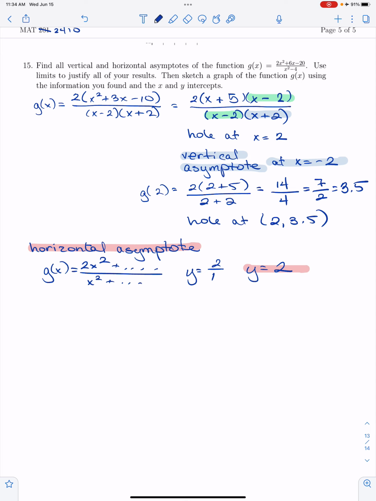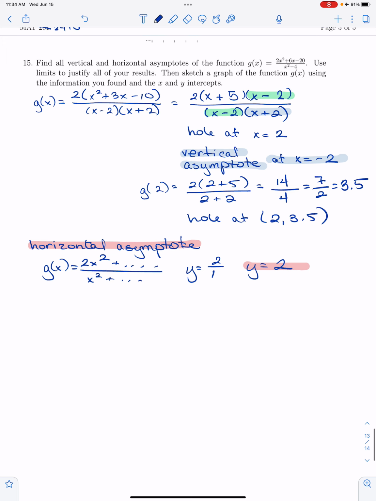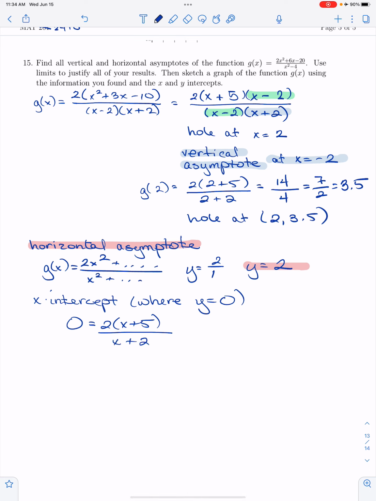Didn't need that. So x-intercept and y-intercept. Our x-intercept is where y equals 0. And so I'm going to set my function equal to 0. And this is the simplified part.